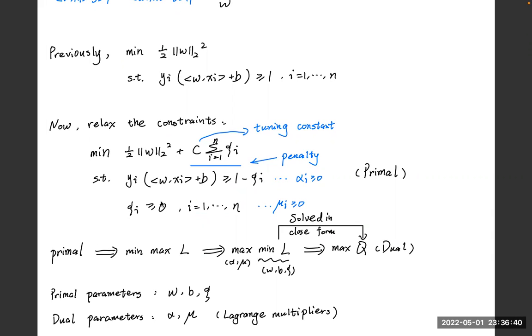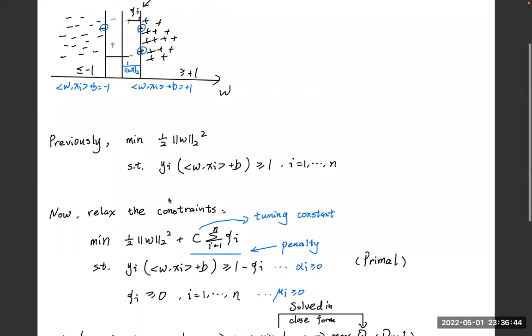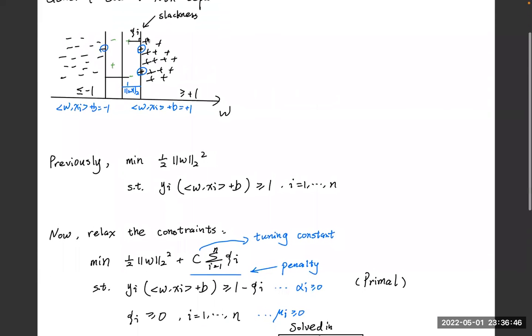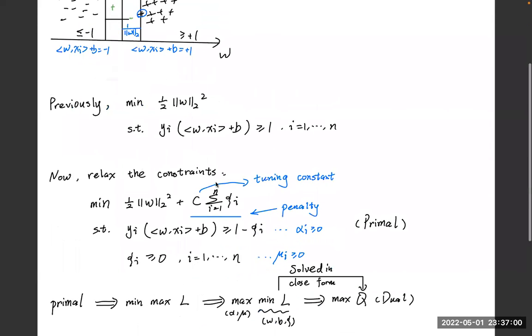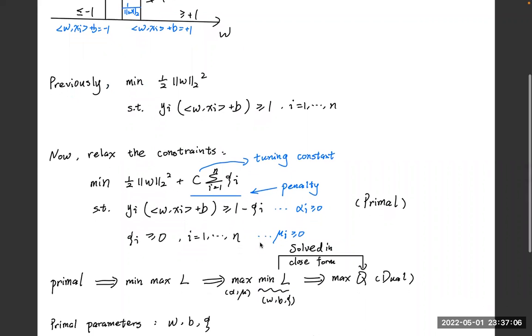Hopefully, for most of the examples this number equals 0, meaning those examples stay safely behind the safety boundary, positive 1 or negative 1. Only for those green colored examples, which are exceptions, you need to pay a price, psi_i, as the amount of slackness.